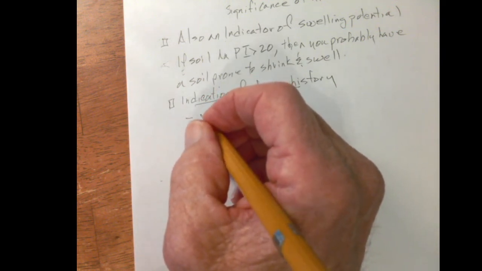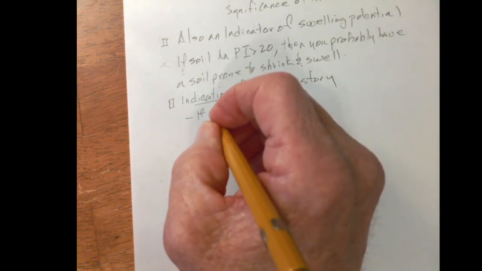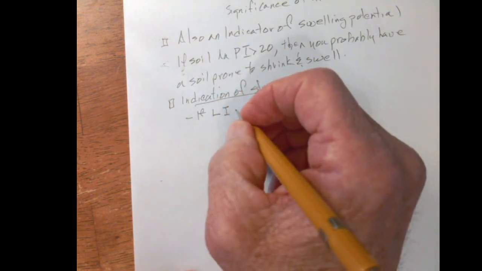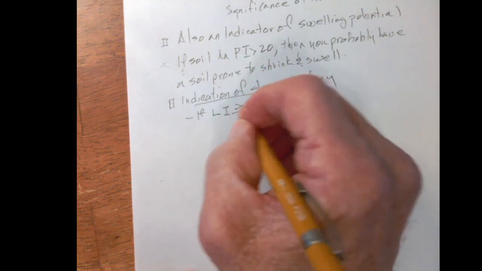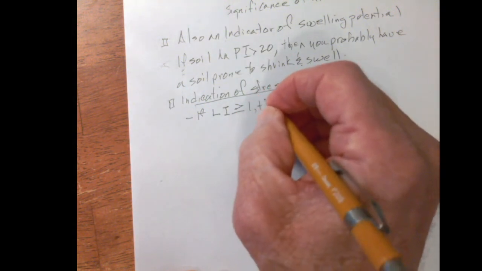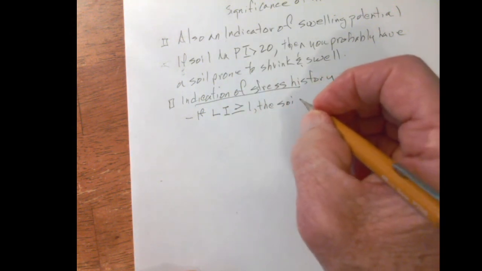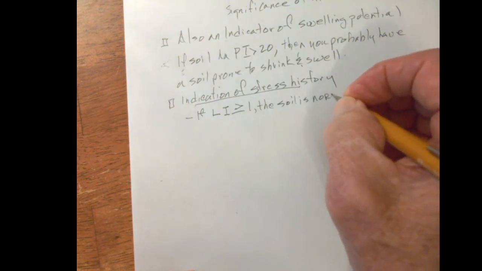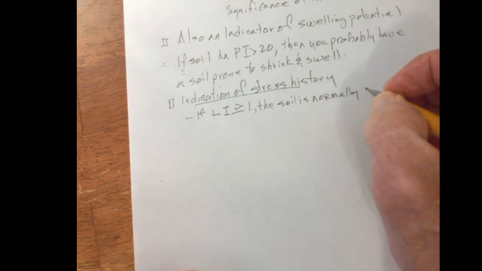Rules of thumb, I call them. If the liquidity index is greater than or equal to 1, the soil is most likely normally consolidated.